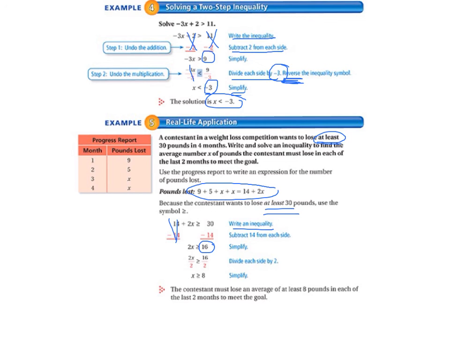And then we divide by 2 to make that 2 go away from the x. 2 divided by 2 is 1, so it goes away on the left, and 16 divided by 2 is 8. So x is greater than or equal to 8. So the contestant must lose an average of at least 8 pounds in each of the last 2 months to meet the goal.